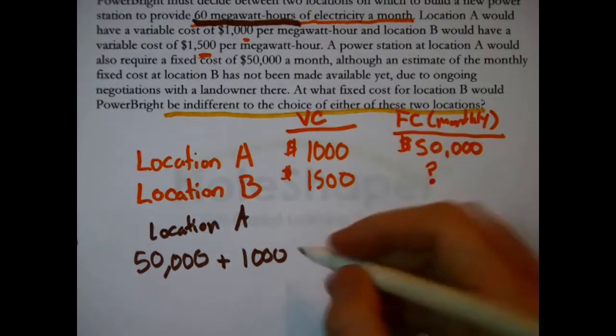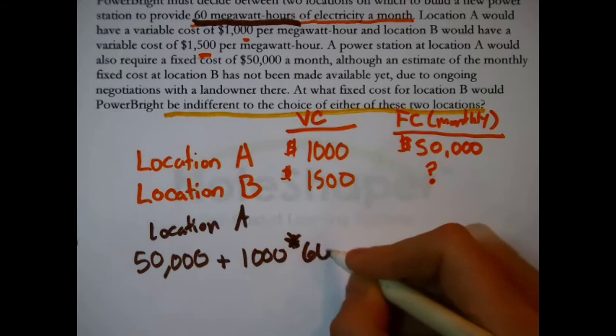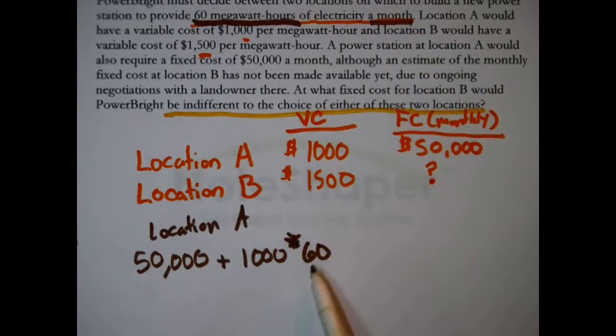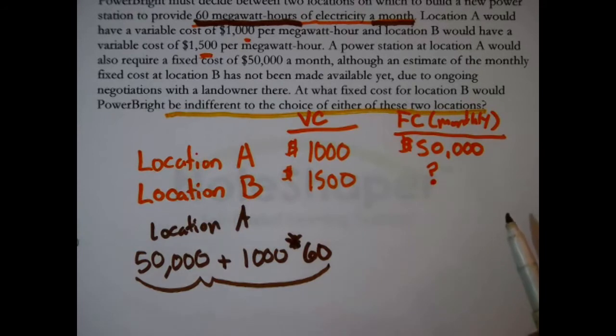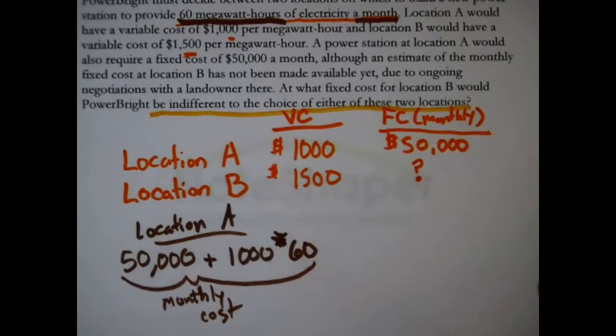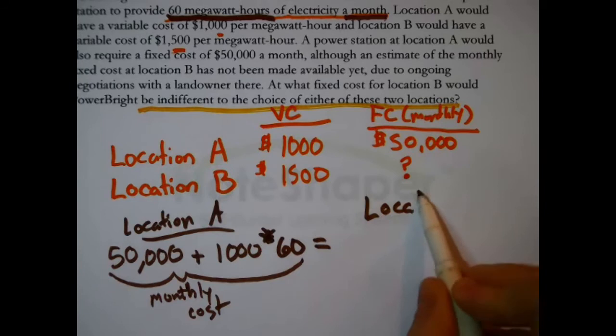This is a cost volume analysis problem. We know that each month we will be generating 60 megawatt hours. All right, so this total combined amount, which works out to be what, 110,000? That is the monthly cost at location A. We're asked when would we not care whether we were there or whether we were here.